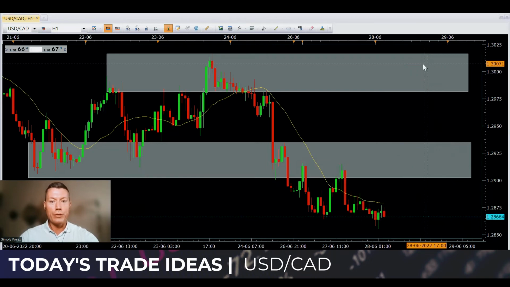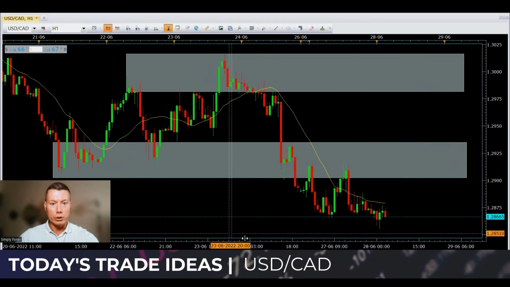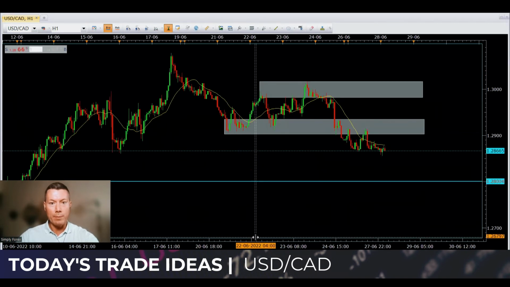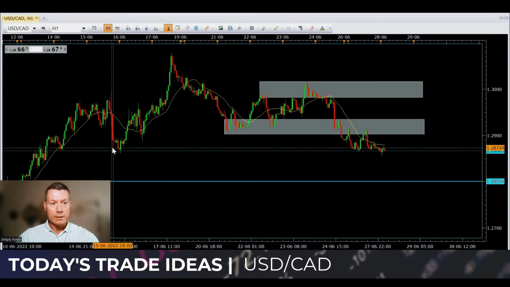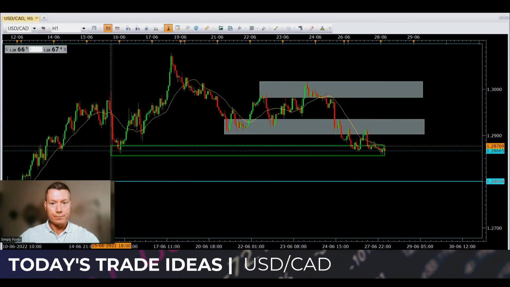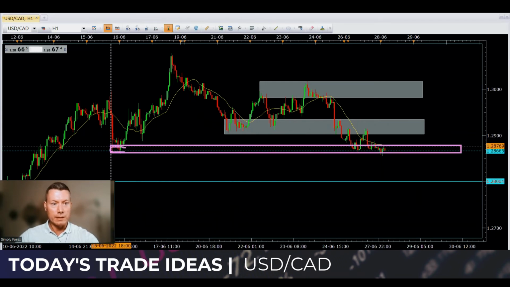I want to show you a third possibility of how we can short this pair. If I zoom out a bit, guys, so you can see, this area here corresponds with these last daily lows. Price could react here, and price has reacted, is currently reacting. So a third idea is this.